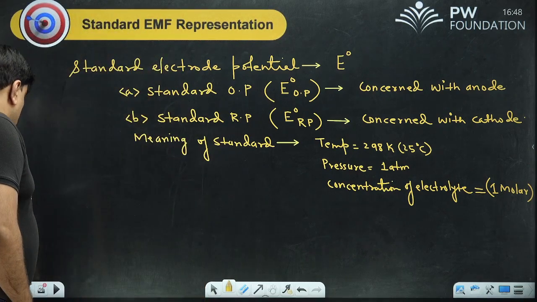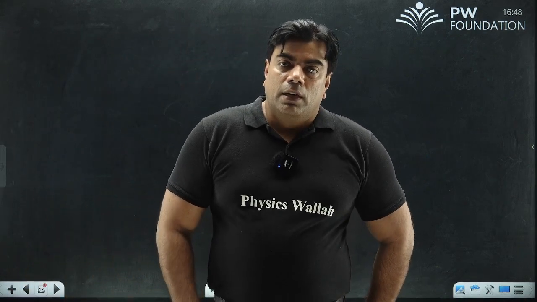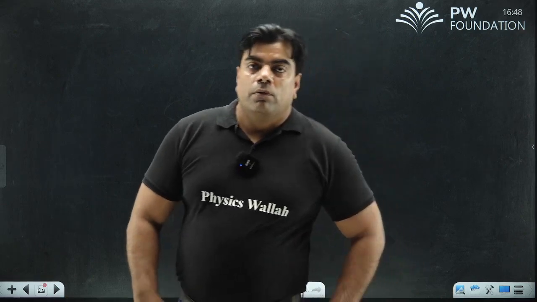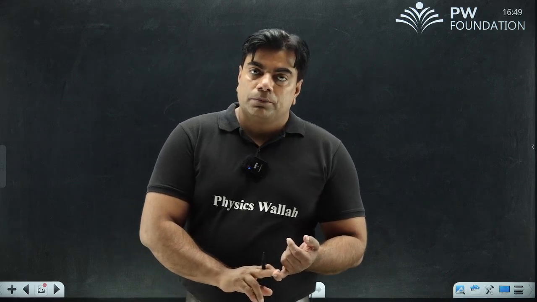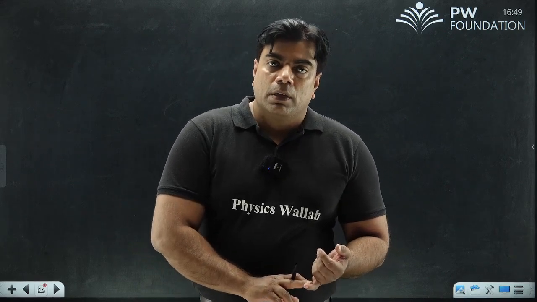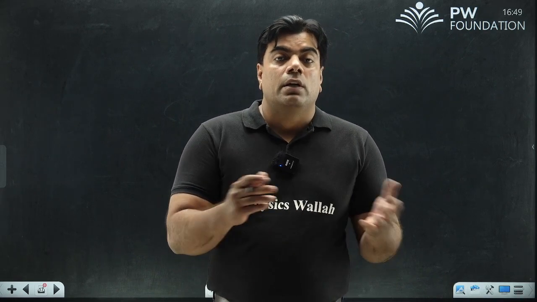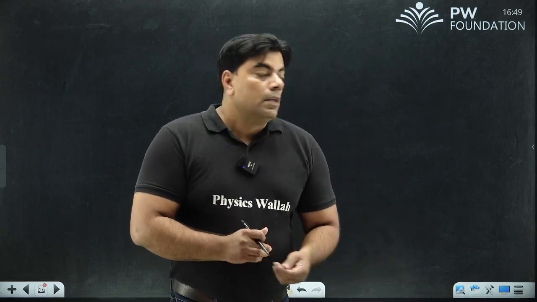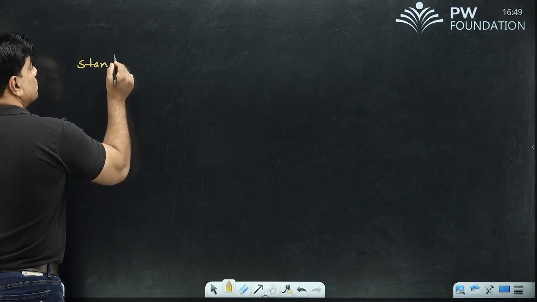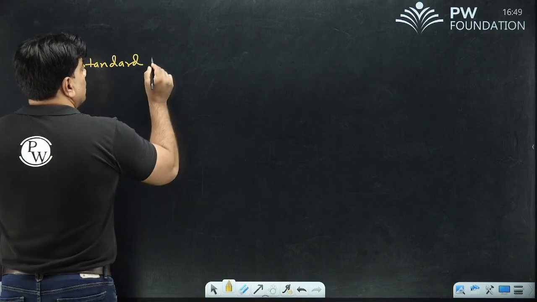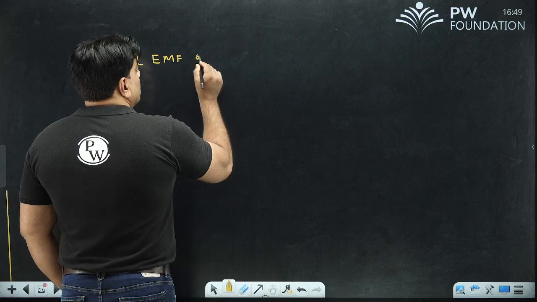A standard EMF of cell means when the EMF of the cell is calculated at 298 Kelvin, 1 atmospheric pressure and 1 molar concentration, then it is called the standard EMF of the cell.